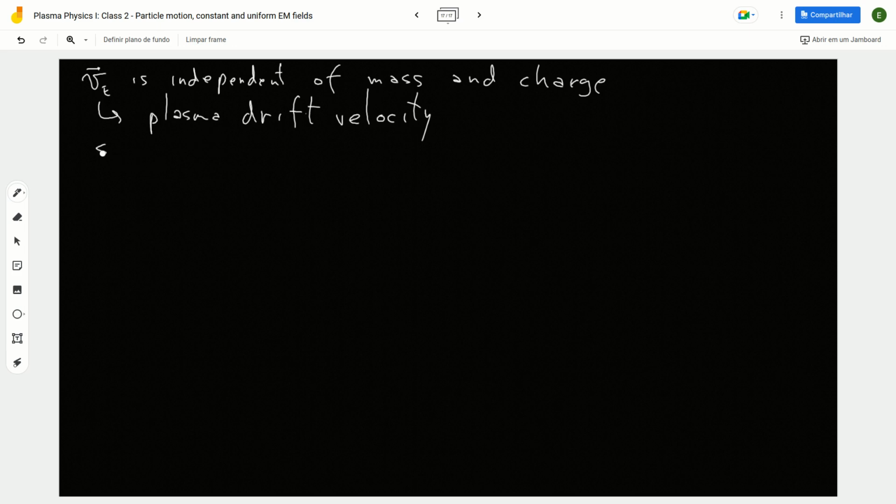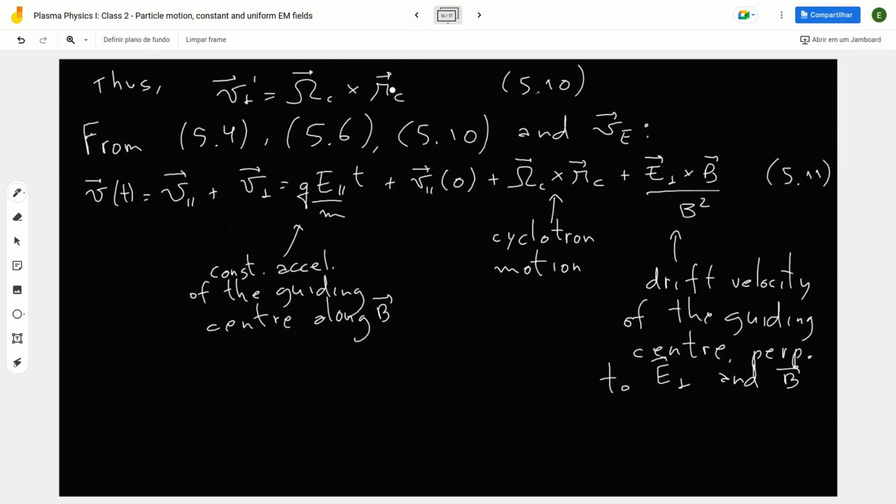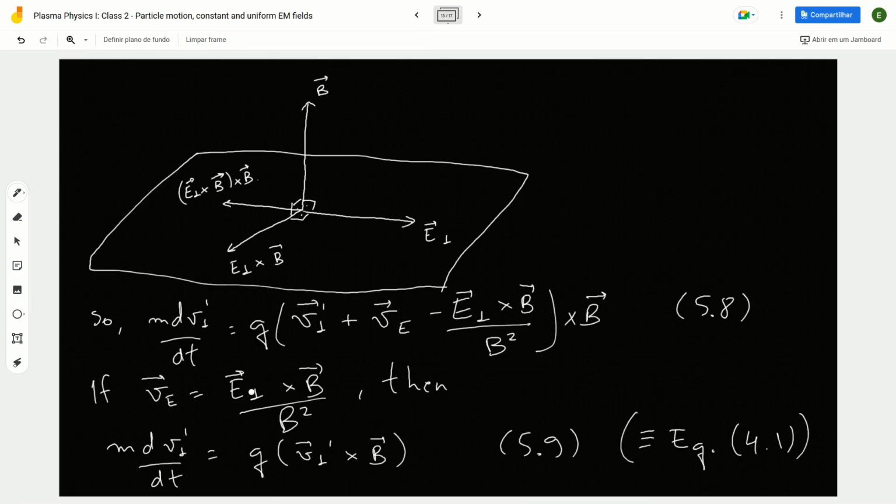Since E parallel cross B is equal to 0, because both are parallel to B, the cross product is 0, then we can write VE, which is E perp cross B. But if instead of E perp we used E perp plus E parallel cross B, that's E cross B. The parallel part will be 0, so it doesn't make any change.